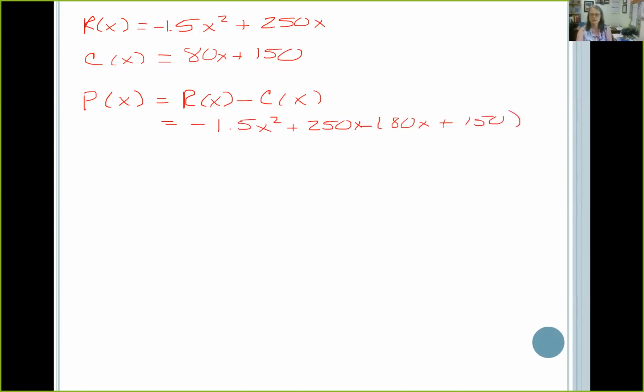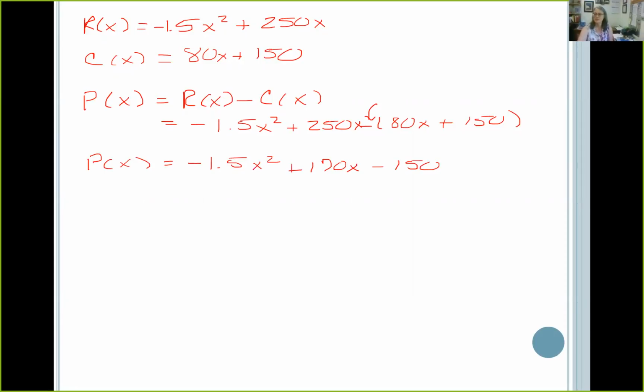We're going to do a little arithmetic here. And my profit function is going to be negative 1.5 times x squared plus 170x minus 150. Be careful with that negative sign. Make sure you distribute it through correctly. So this is my profit function.